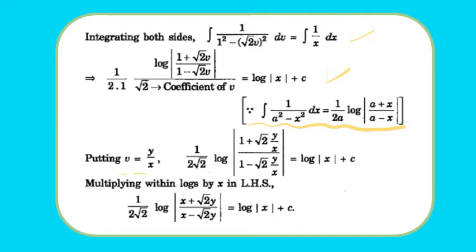So putting v equal to y upon x, we get 1 upon 2 root 2 log of 1 plus root 2 y upon x, over 1 minus root 2 y upon x, equals log x plus c. Simplifying this, we get our solution as 1 upon 2 root 2 log of x plus root 2 y upon x minus root 2 y equals log x plus c.